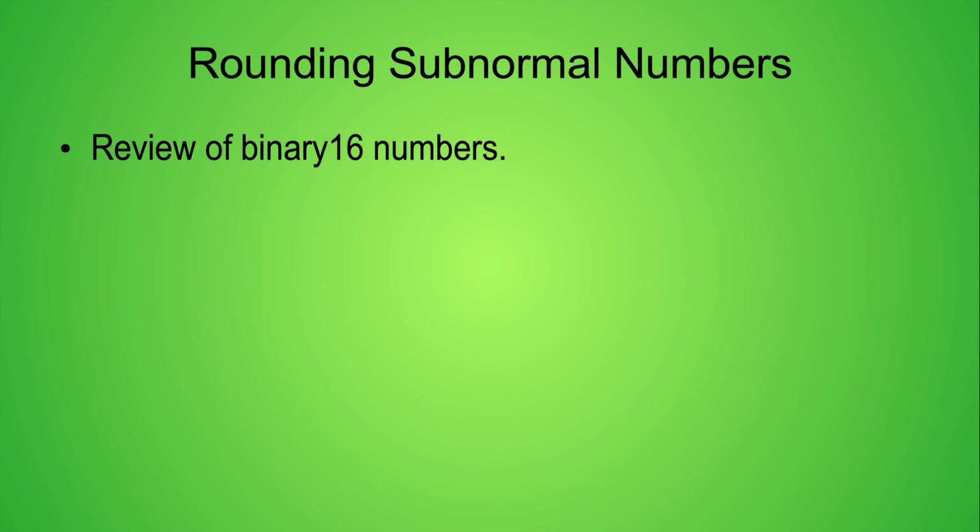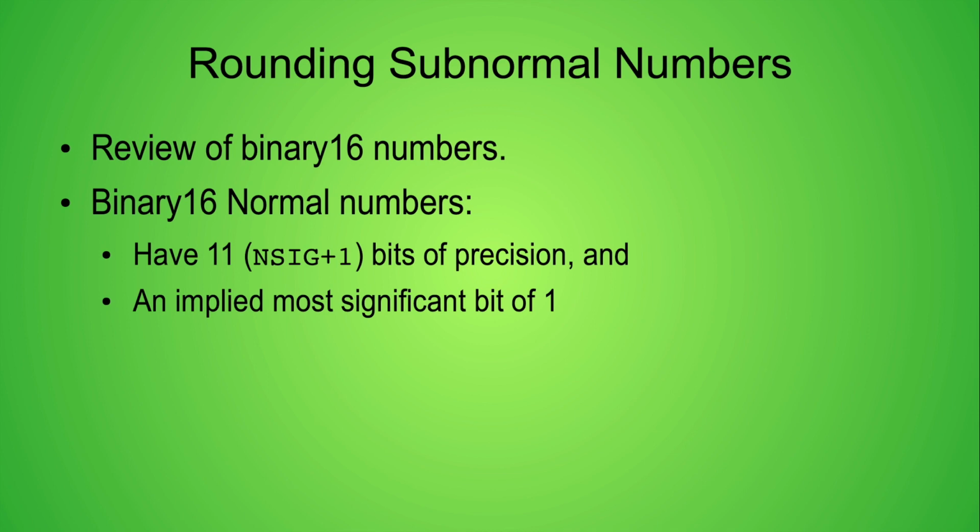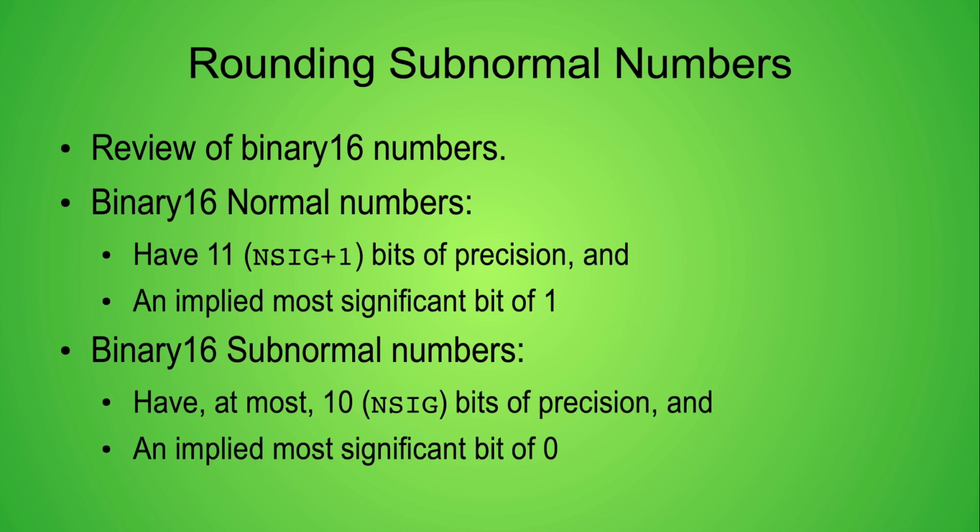Let's do a quick review of binary 16 numbers. Binary 16 normal numbers have 11 bits of precision, and we only need to store 10 bits because the most significant bit is always 1. Binary 16 subnormal numbers have a maximum of 10 bits of precision. They may have as few as 1 bit of precision.